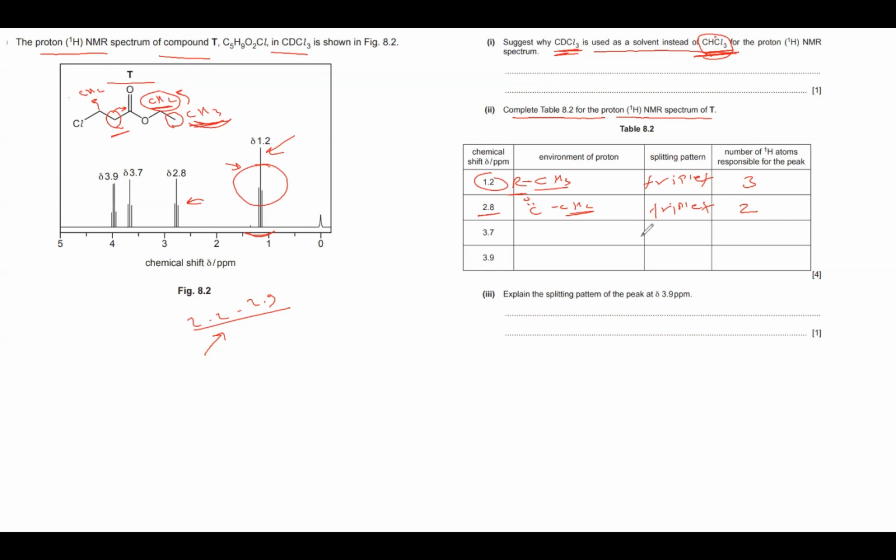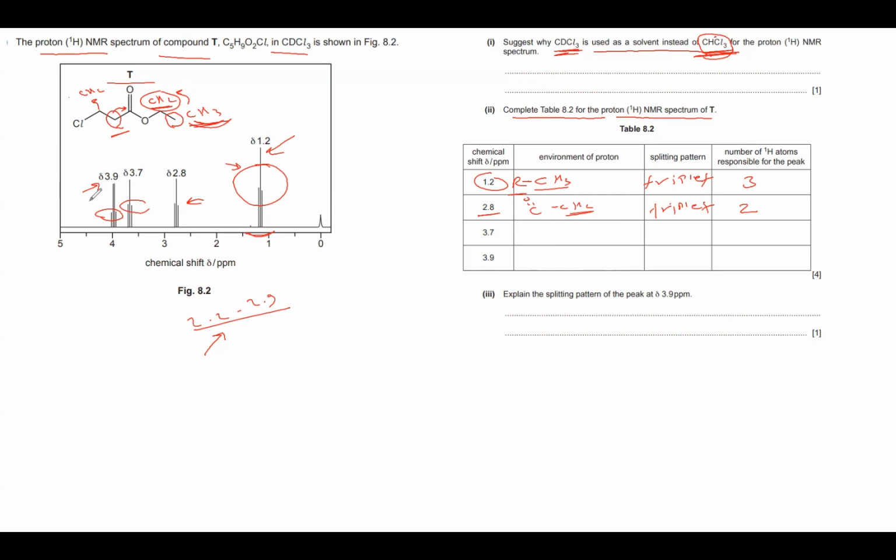For 3.7, or just let me start with 3.7, we have a triplet. All the remaining peaks are a triplet and a quartet. Here we have a quartet. So look, guys, let me start with 3.9.